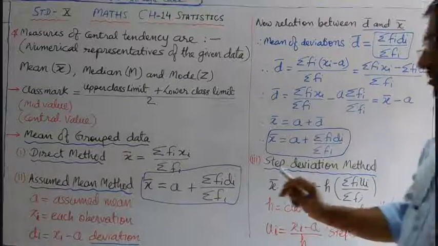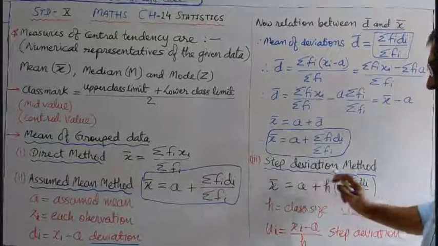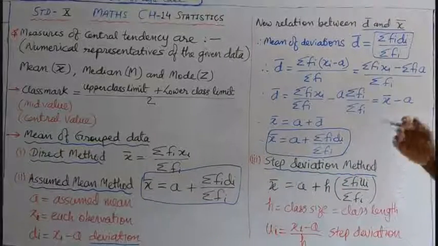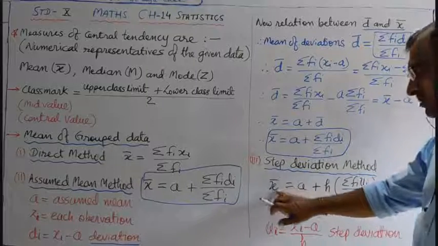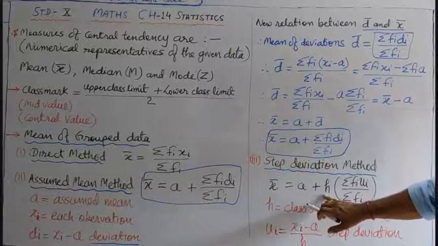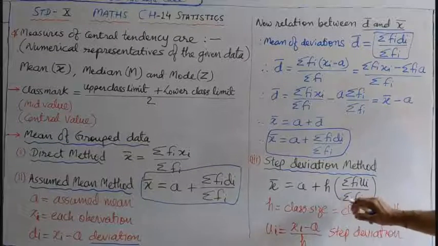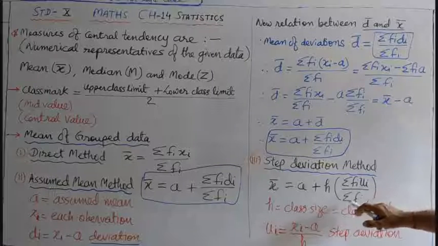Now third method, and then we'll go for sums based on this. Third method, step deviation method. Here deviation, but one more step extra. That is, your mean is equal to assumed mean plus h, class size or class length, in bracket sigma fi ui upon sigma fi.